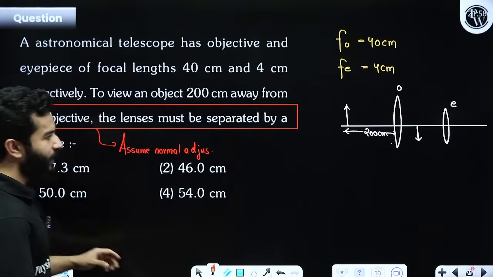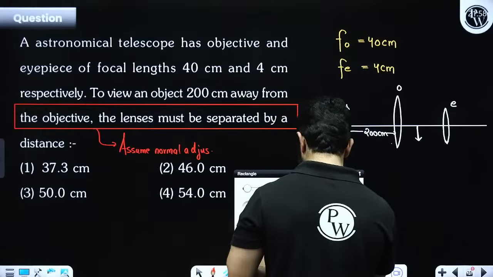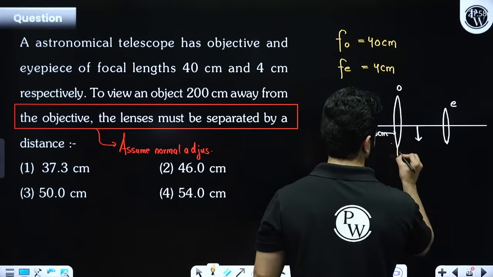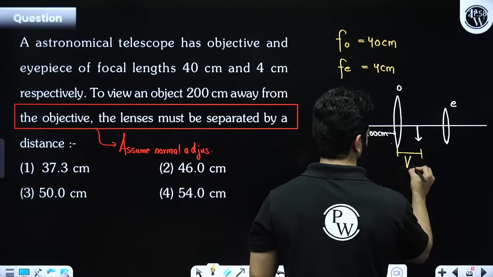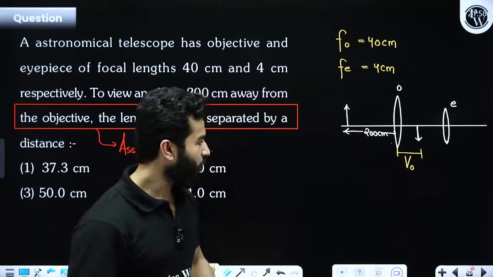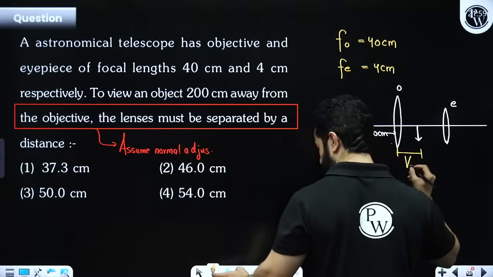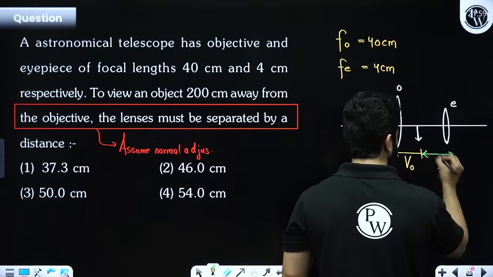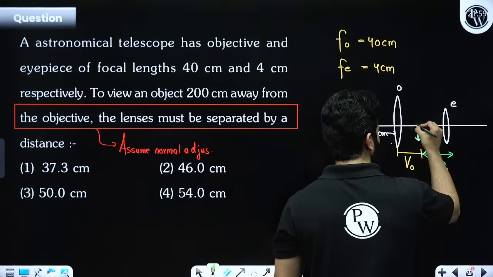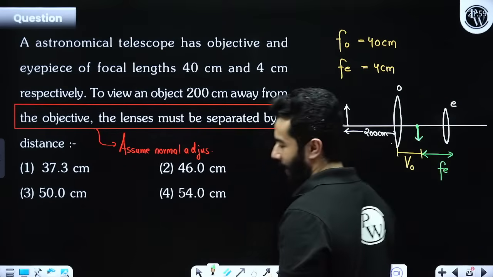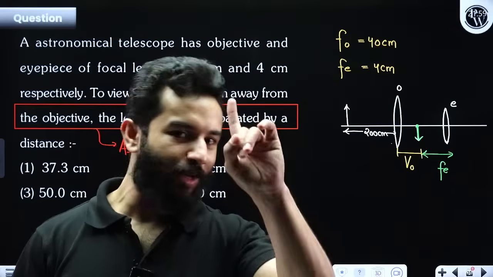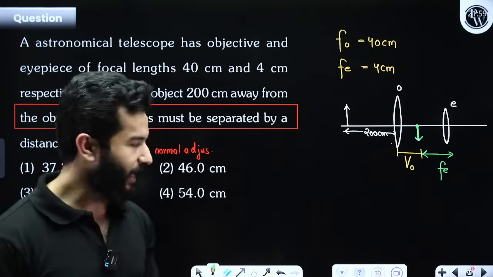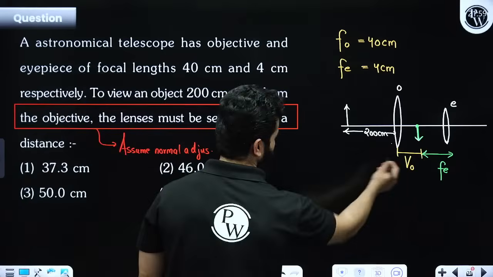Please understand, this distance is VO, and this distance should be FE. If this image happens to be at the focus of the eyepiece, then the final image will be at infinity and it will be a case for normal adjustment, right? So let's find out VO first.